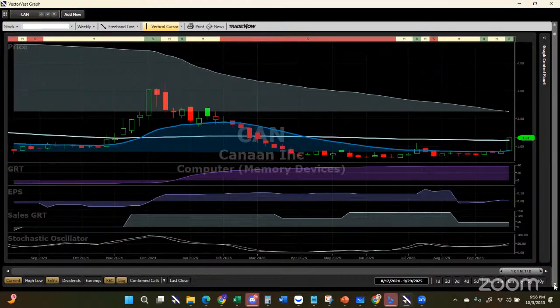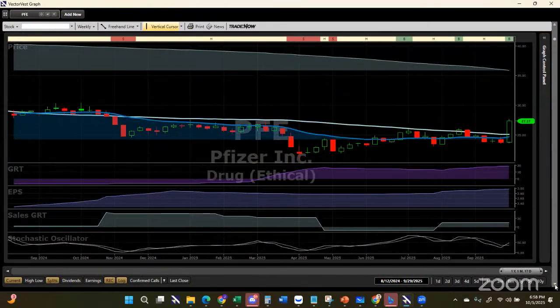Computer memory devices. It's good fundamentals, closing above. Let's skip over this. What is this? Pfizer. I had taken a trade on this, and a pretty strong move. A starch curving up. Fundamentals looking good.